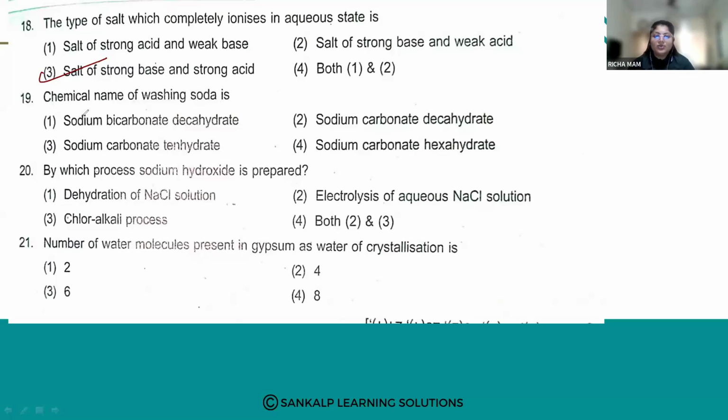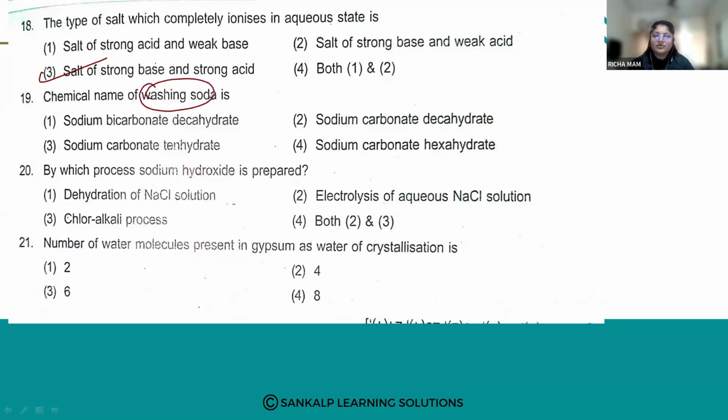Next one, what is the chemical name of washing soda? First one, sodium bicarbonate decahydrate. Second one, sodium carbonate decahydrate. Third one, sodium carbonate tenhydrate. Fourth one, sodium carbonate hexahydrate.